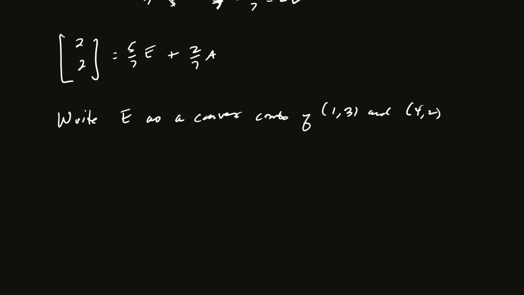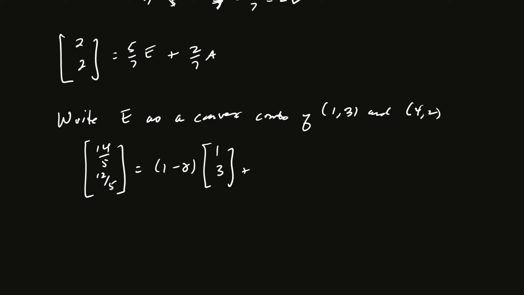So that was 14/5, 12/5 equals, let's say, 1 minus gamma, just to keep our vector straight there, times 1, 3 plus gamma times 4, 2.